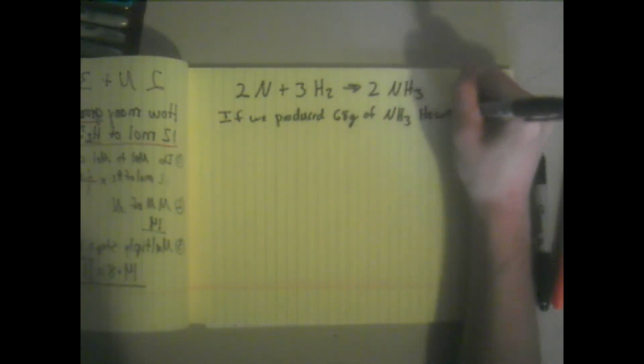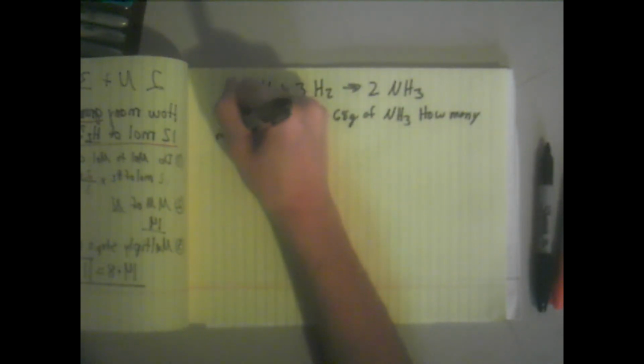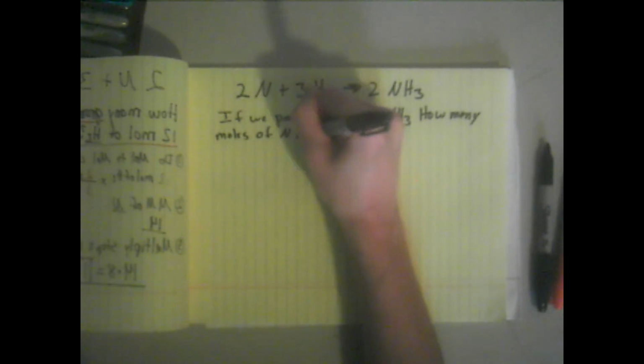And we're going to say, if we produced 68 grams of NH3, how many moles of N is needed?